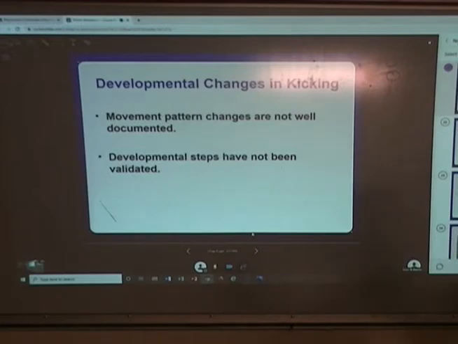We've got kicking on the fundamental motor skill chart for MSU. So we've got some idea of what happens early on, but then we don't have a lot of detail about what's happening. So we don't have, for example, a developmental sequence for kicking.